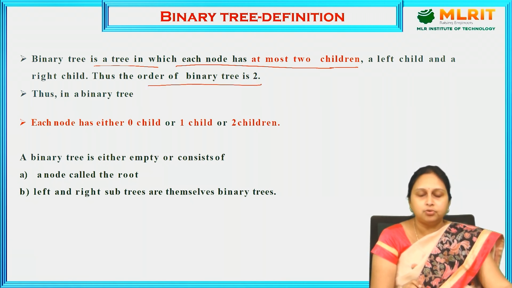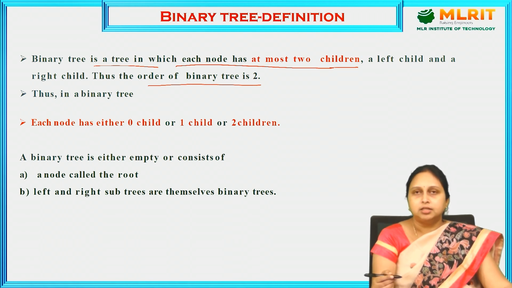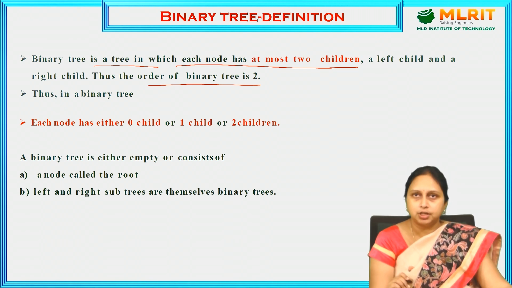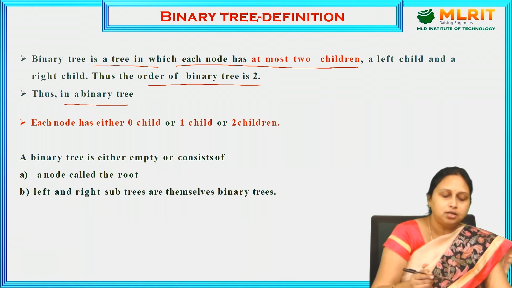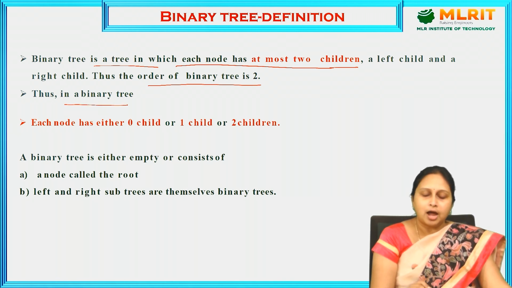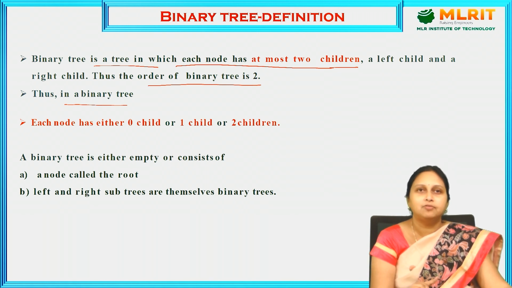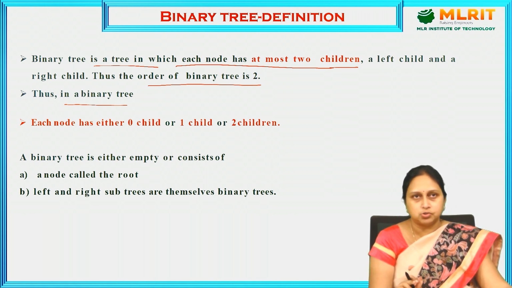The binary tree order is where we represent the left and right children. Based on that, the tree order is 2. Thus, in a binary tree we have at most 2 children, the left child and the right child, and you may have a root node also.